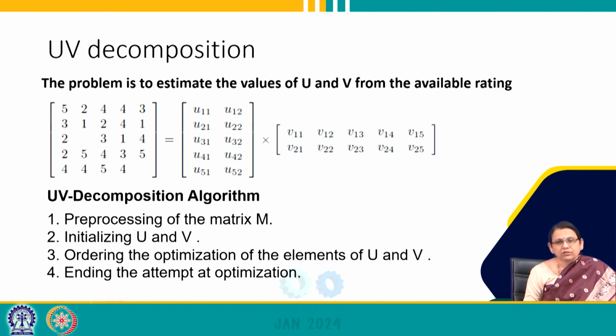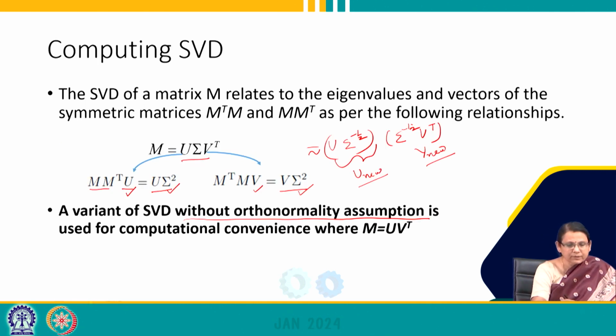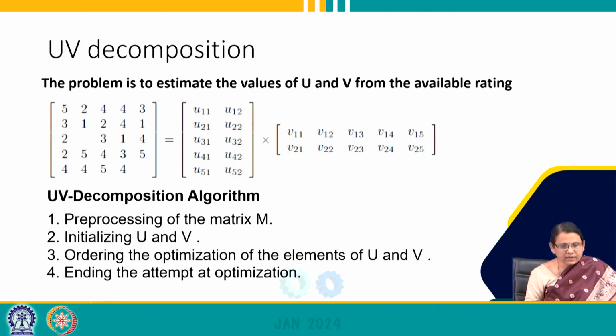Now, we have this problem. So far in our discussion, we knew that matrix M was a full matrix. Therefore, there was no computational inconvenience in determining this, using such a formula or through power iteration.